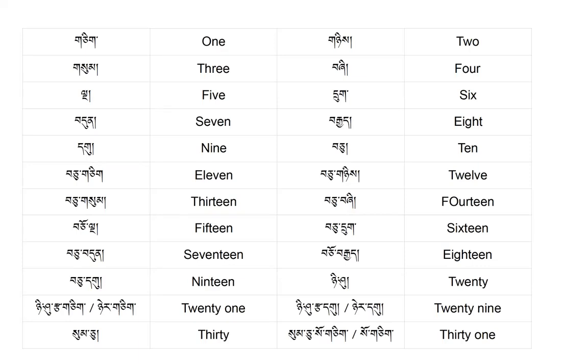So instead of chuni, it becomes chungni, which is 12.